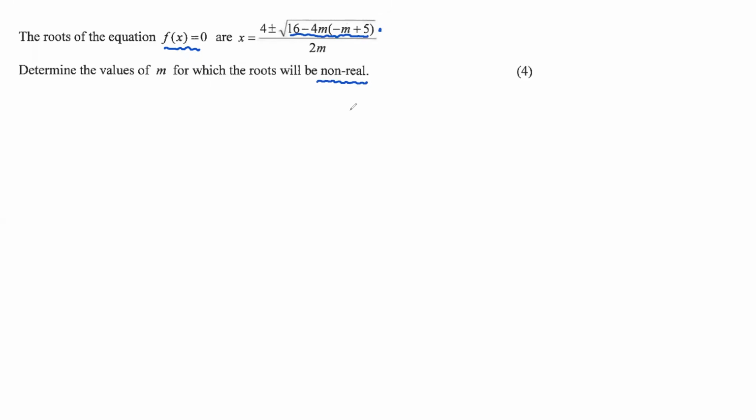When roots are non-real, sometimes they use the word imaginary. Then it means the discriminant is less than 0. It means whatever is underneath that particular square root sign, the discriminant, is less than 0. In other words, 16 minus 4m, okay, minus m plus 5 in this case will be less than 0.